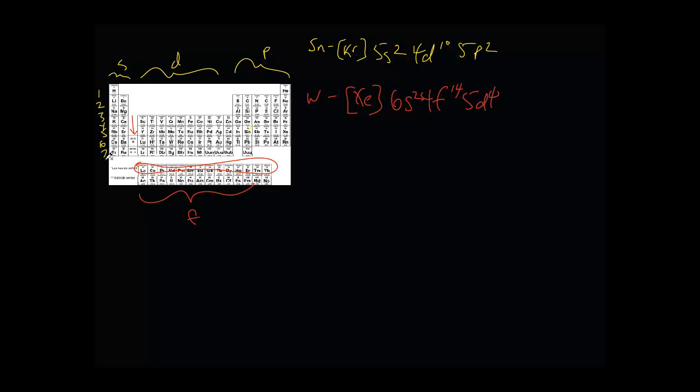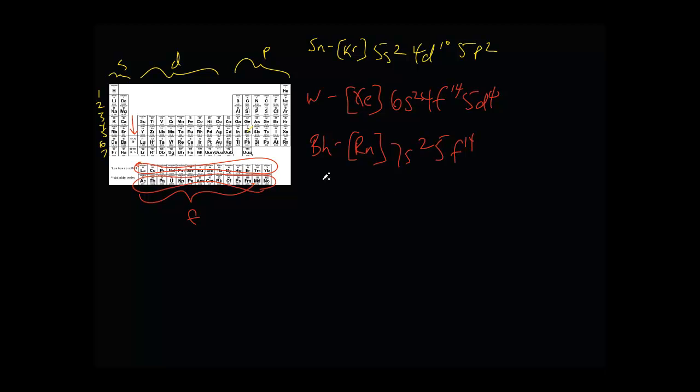And for, let's say, in the 7th period, let's try another one. Let's try Bh, which is going to be Rn, 7s2, 5f14, because now we jump down to this f block over here.